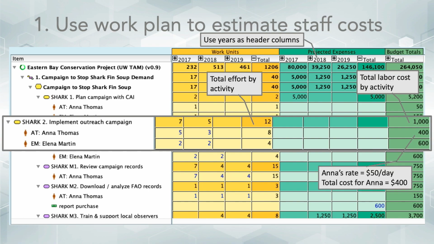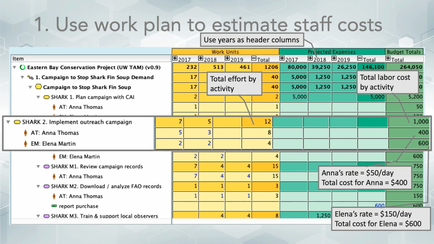We could also look at the costs within the activity to see that Anna will cost a total of $400. This number comes from the 8 days of effort for this activity multiplied by Anna's daily rate of $50. While Elena will cost $600 because she is working fewer days, 4 in total, but her daily rate is higher than Anna's, so she'll cost the activity a little bit more.